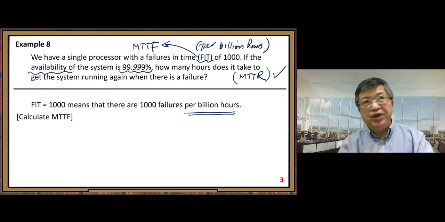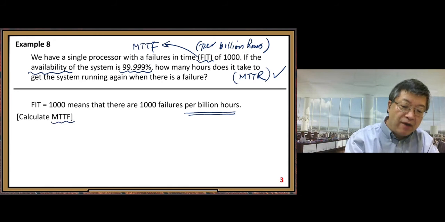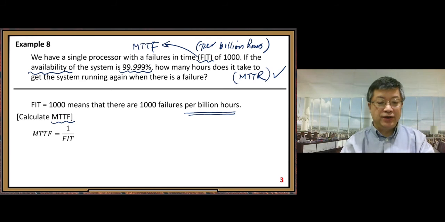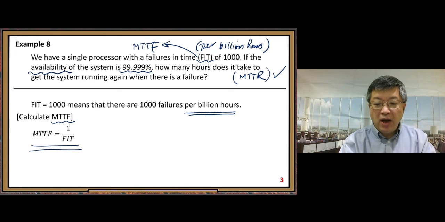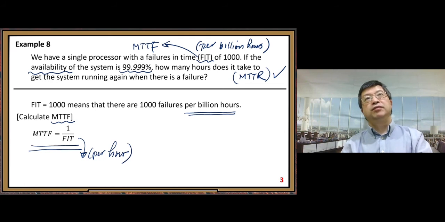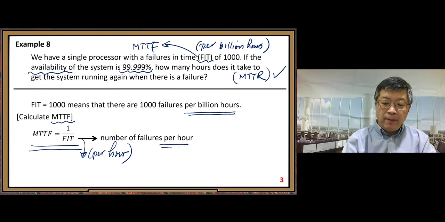When we do the calculation, we need to do a conversion first, right? When we calculate MTTF, we need to do the appropriate conversion first, because the formula should not use per billion hours, we should use per hour. When you do the reciprocal, you should use the per hour unit, the number of failures per hour.